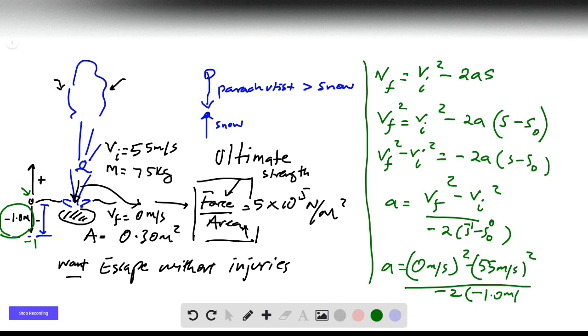This helps us compute the acceleration, which happens to be 1,513 meters per second squared. That's huge. That's the acceleration of the parachutist. Huge acceleration.